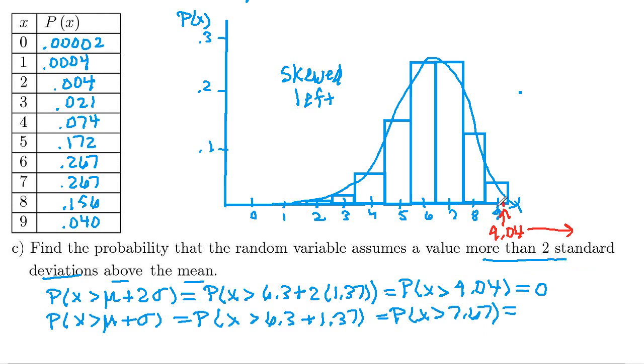The values greater would be 8 and 9, right? Because 7.67 would be about right here. So if you're an x value that's greater than 7.67, you'd be 8 or 9. So this is just another way of saying probability x equals 8 or 9. And it's an or, so you'll add the probabilities together. So 0.156 for 8 and 0.04 for 9, which gives us 0.196.